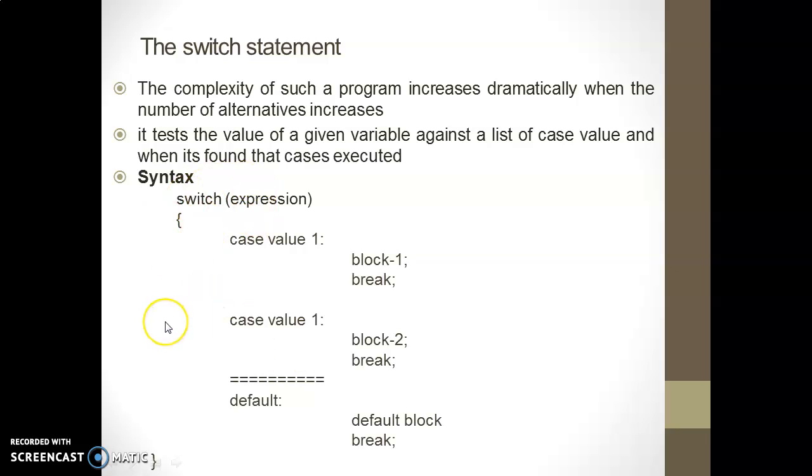So the syntax of switch is, first we have to write the switch keyword. In brackets we have to provide the expression. Based on the value of that expression, we execute a particular block. For example, if I want to write a program for a calculator, at a time we are not using all the options available in the calculator.